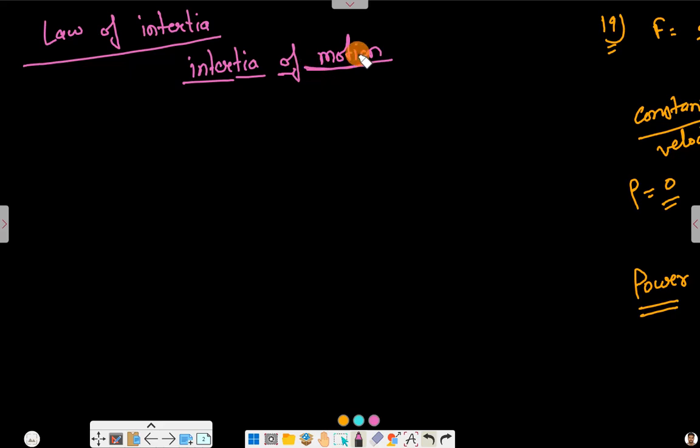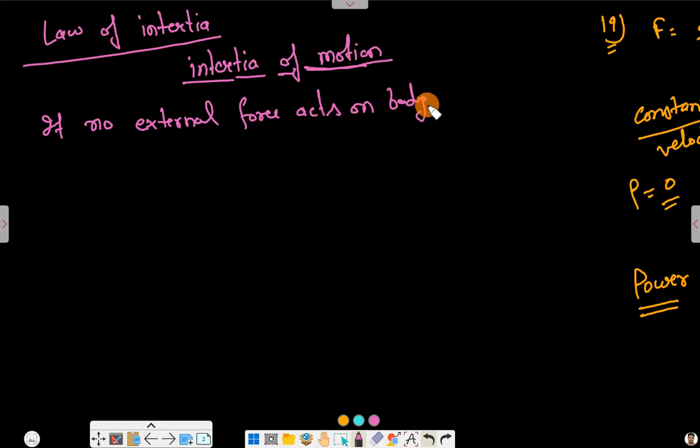The statement of inertia of motion was, if no external force acts on a body, it will maintain its state.